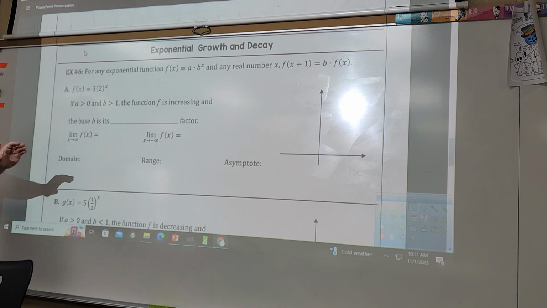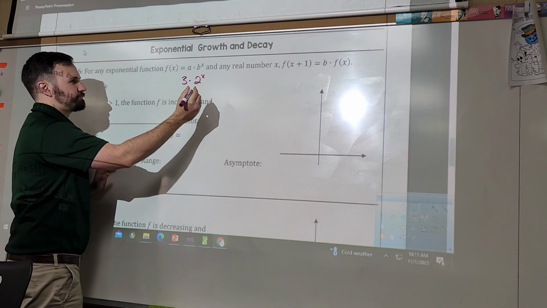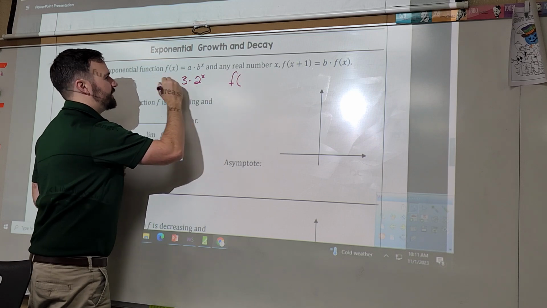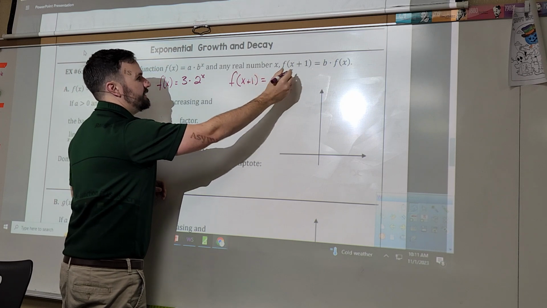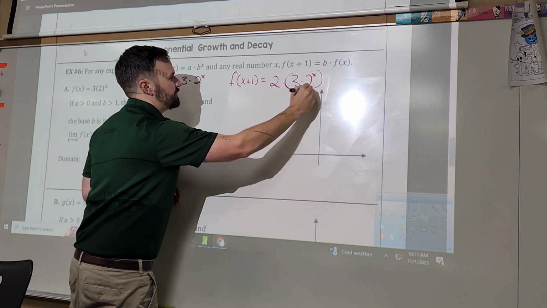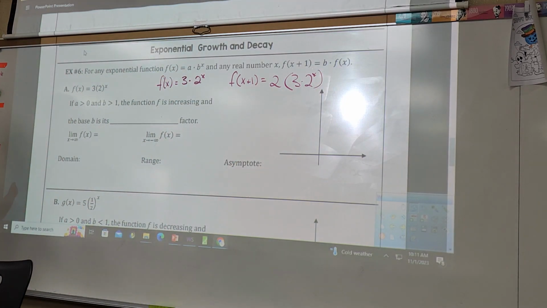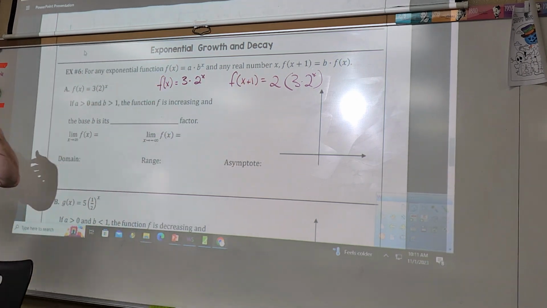What this is saying: if I have 3 times 2 to the x as my f of x, then f of x plus 1, with b being 2, would be 2 times my original function, just because I'm multiplying one more 2. That's just a definition. They don't do a lot with it, but just be aware that that's a thing.